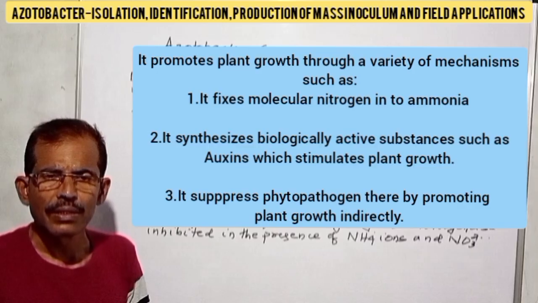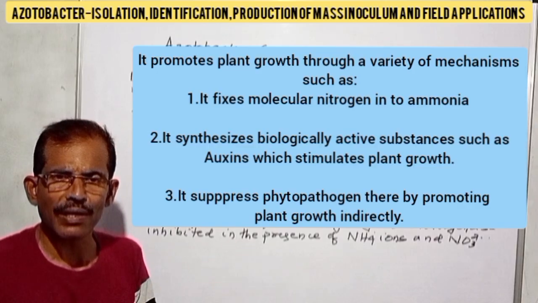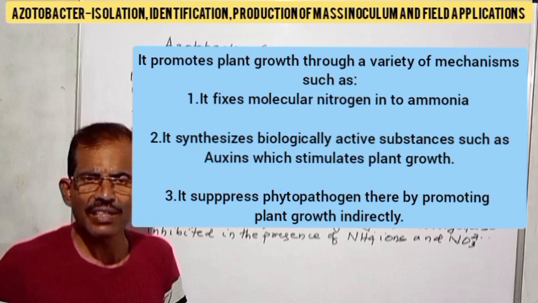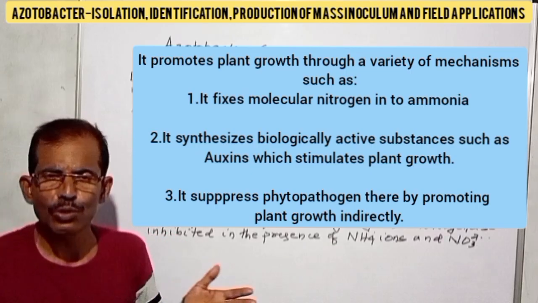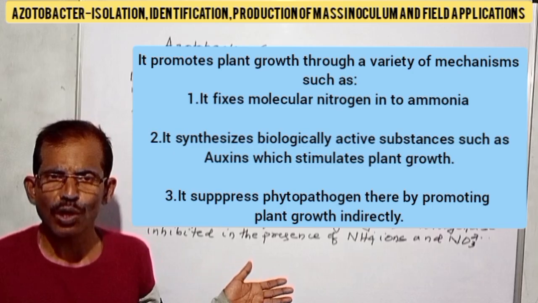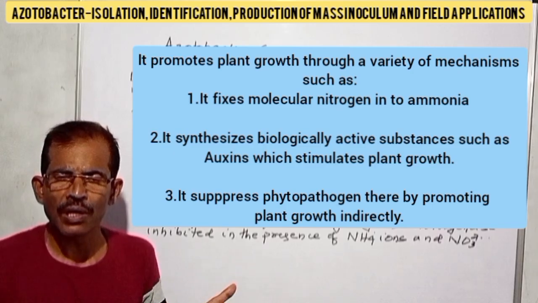Number 3, they promote plant growth indirectly by suppressing phytopathogens. In addition to this, the bacterial genus is used for bioremediation of soil from heavy metals such as cadmium, mercury and lead.